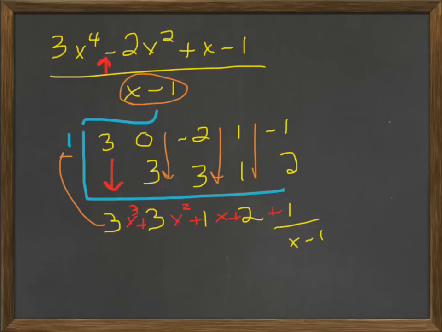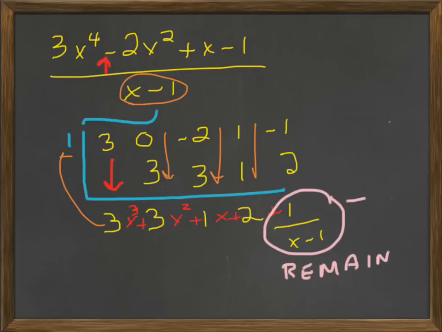This is our depressed polynomial. The 1 over x minus 1 is our remainder.